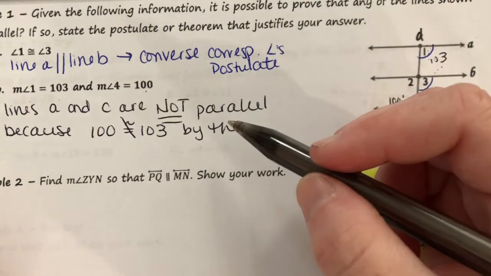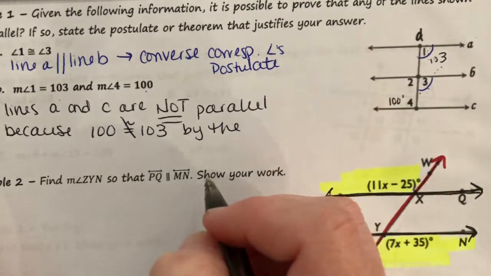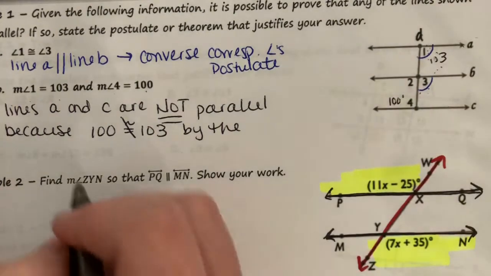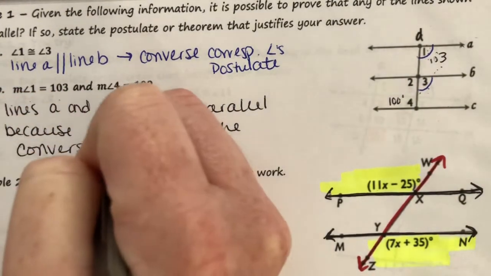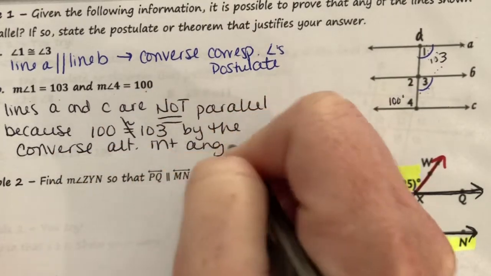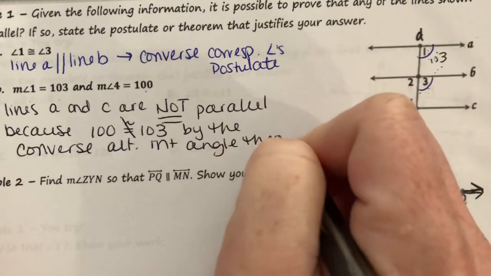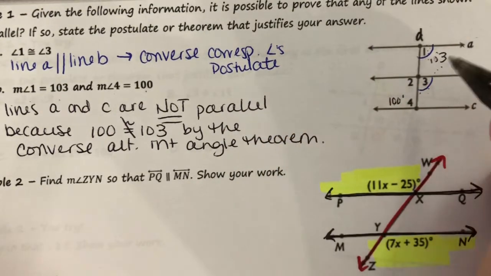In this case, they weren't congruent, so that tells us the lines are not parallel, but it's the converse alternate interior angle theorem.